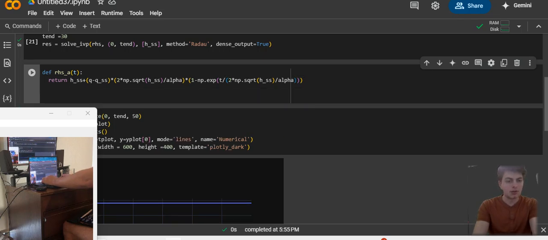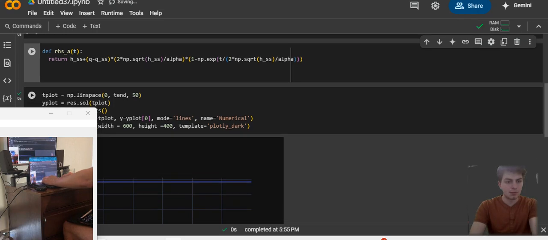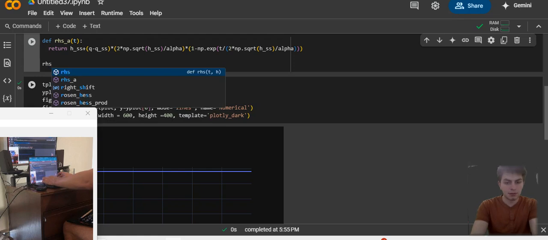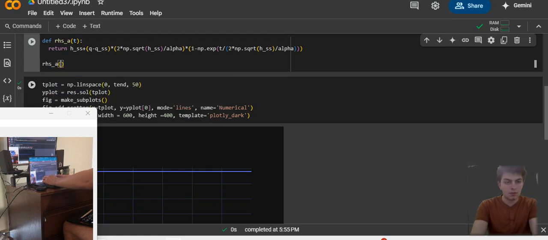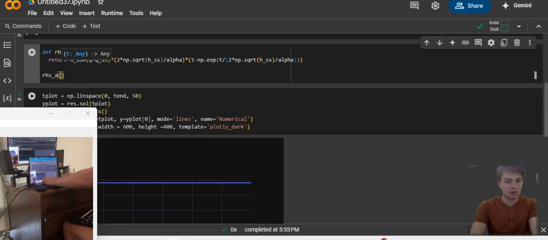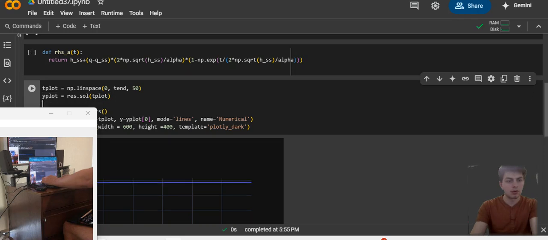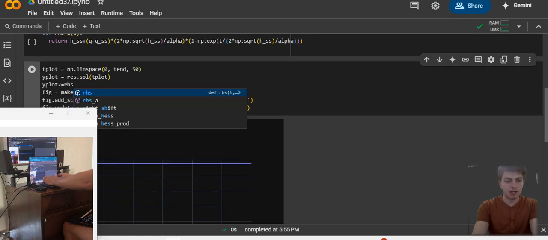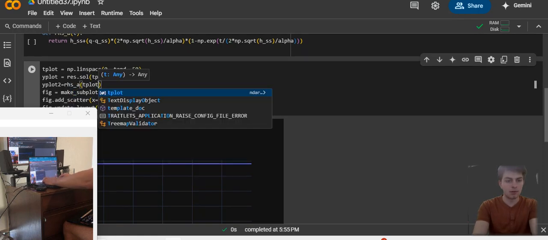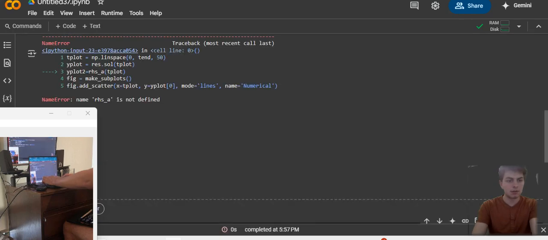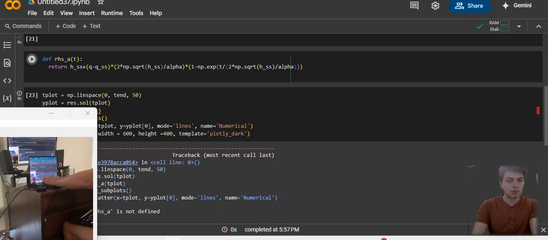Then what we want to go ahead and do is basically solve this for every single time. So that will be y plot 2 is going to be right-hand side analytical of t plot. Oh, didn't run this.